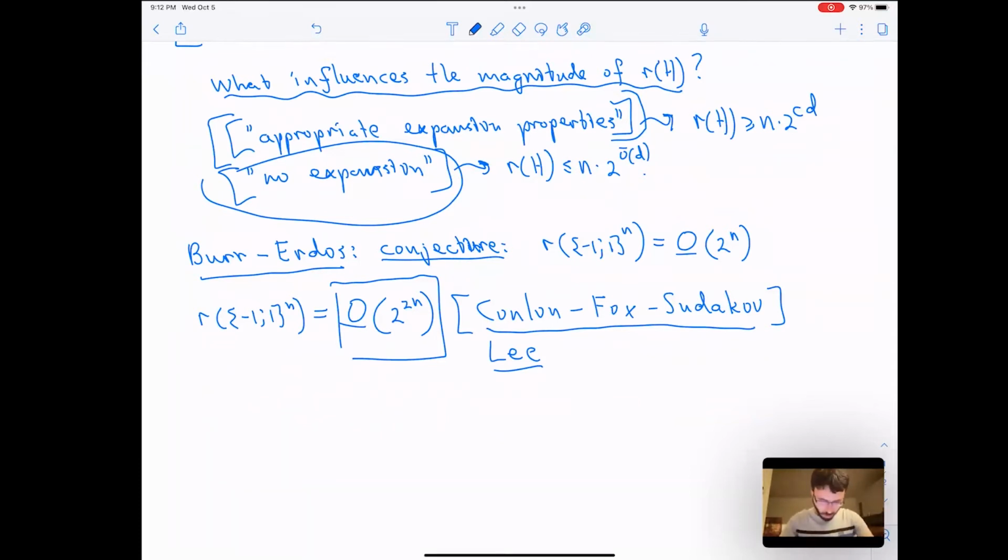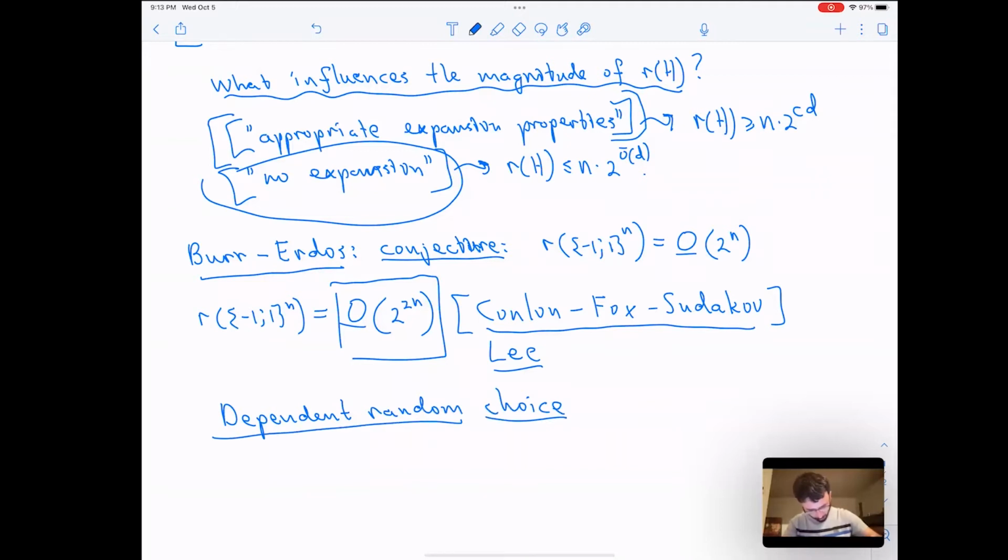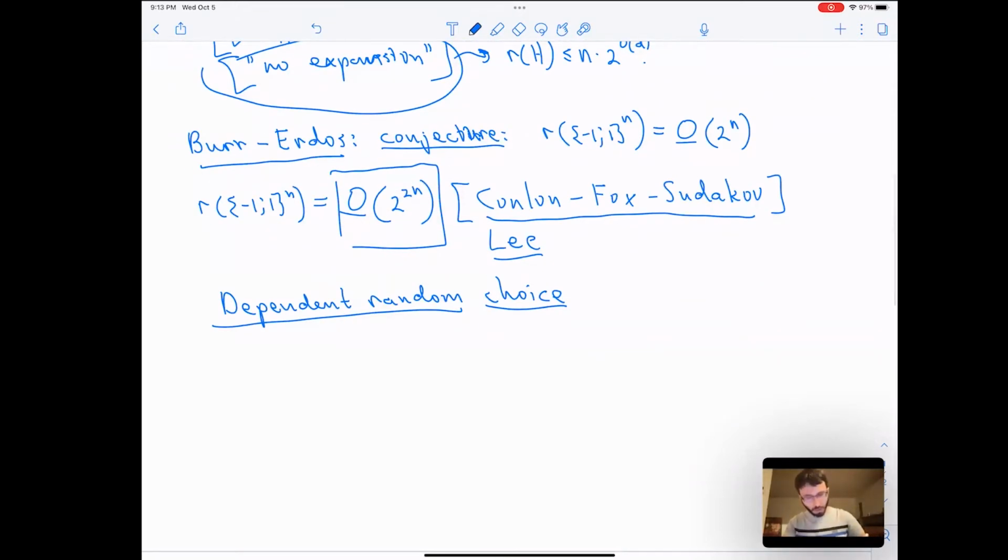So in the next part of my talk, I want to describe dependent random choice and some limitations of the method, at least in its simplest version. So, dependent random choice. How can we show a bound of this type?